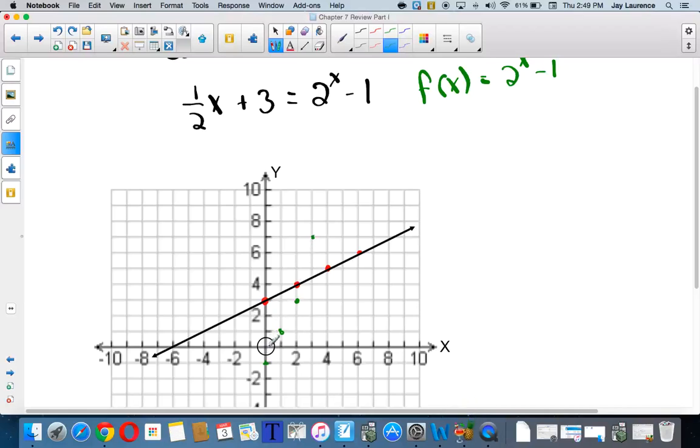And then when I go negative 1, I'm going to get 1/2, so I'm going to get negative 1/2. Right? When I go negative 2, I'm going to get 1/4, so it'll be negative 3/4. And I know my asymptote is going to be the line y equals, oop, I have a mistake, don't I?